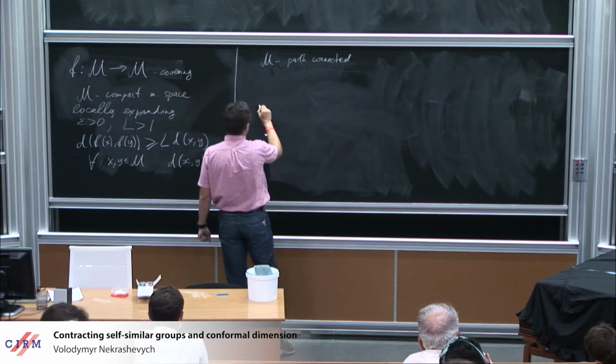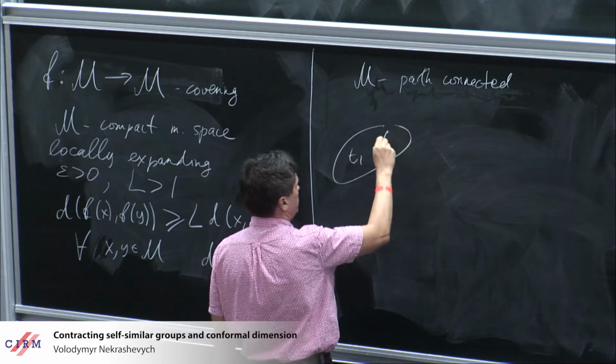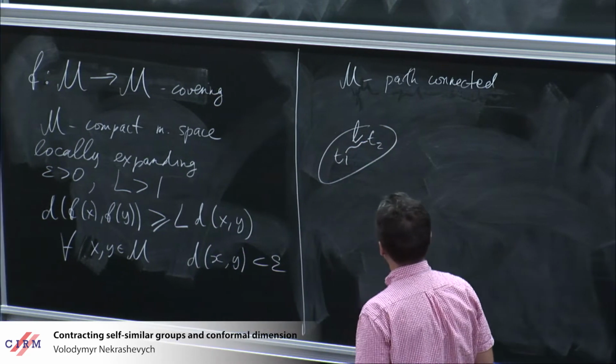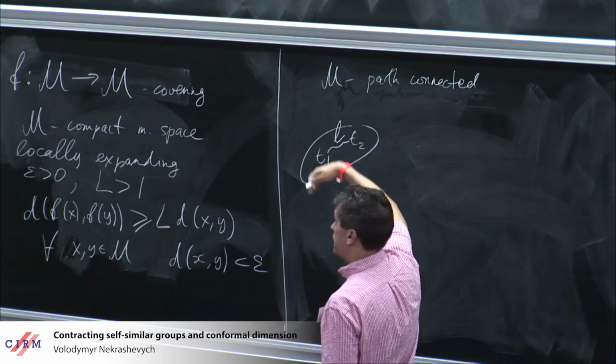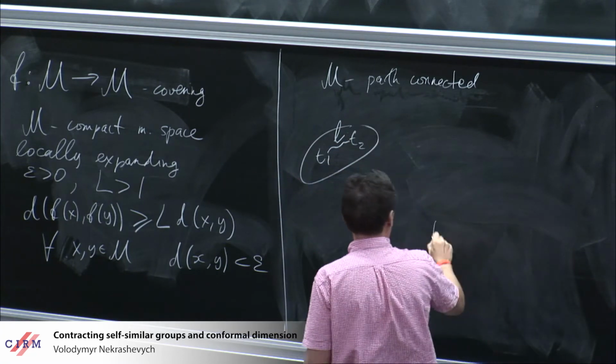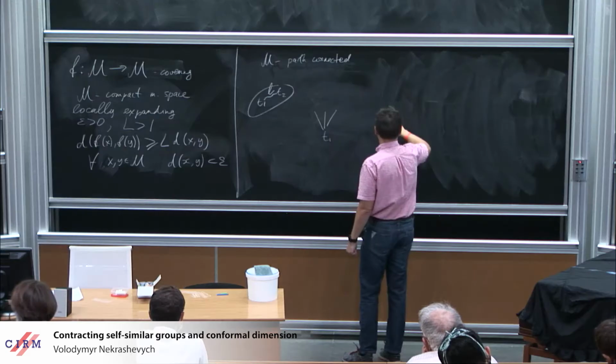So if you have two points in M, T1, T2, and a path L from T1 to T2, then you can lift this path using the map F. And so T1 will have some preimages, T2 will have some preimages.